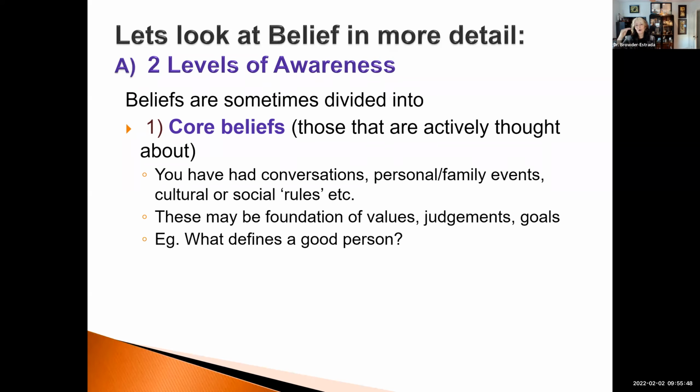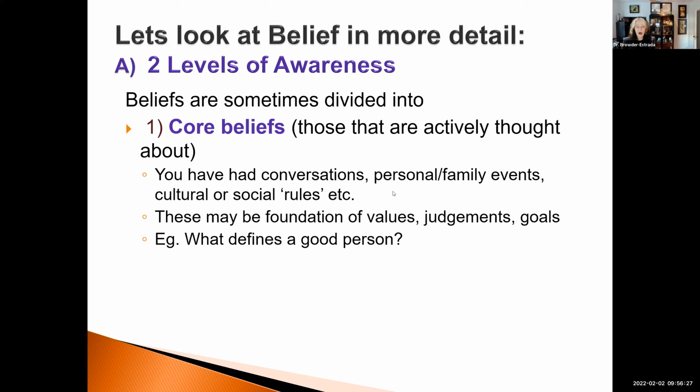So core beliefs. Now, when you have core beliefs, and you all do, of course, you know what those are because you've actively thought about it or participated in it. You've had conversations, personal or family events, cultural or social rules, like what is food and what is not food, or what is the correct behavior of people of a certain age versus people of another age.